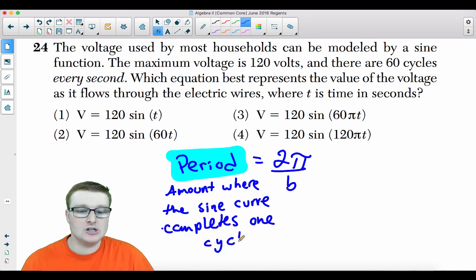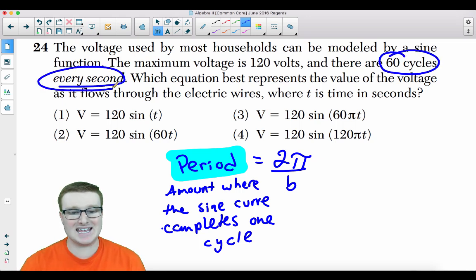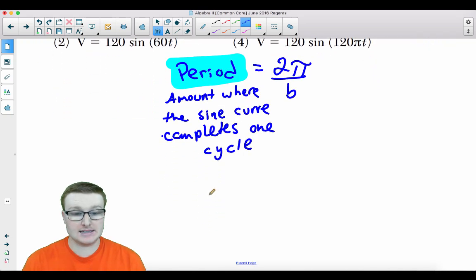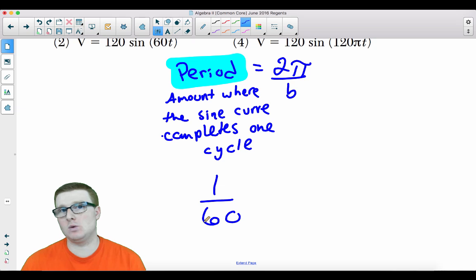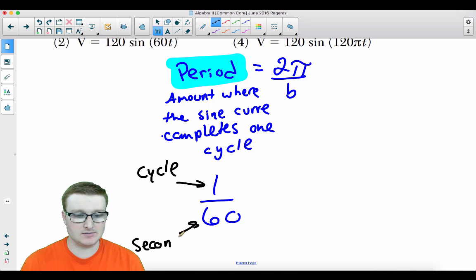Okay? So, if there are 60 cycles every second, the period is actually 1 over 60. Now, where did I get 1 over 60 from? Well, the 1 represents the cycle, and the 60 represents the seconds. So that is your period, people.